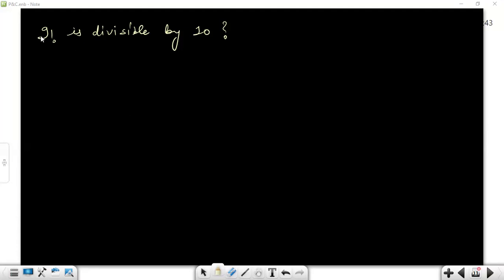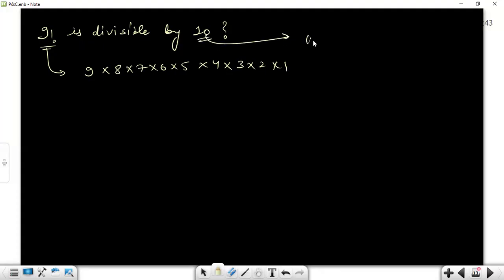Okay. So if we expand 9 factorial, that is 9 into 8 into 7 into 6 into 5 into 4 into 3 into 2 into 1. So basically, 10 is what? 10 can be written as 5 into 2. So wherever there are factors 5 and 2, that particular number is definitely divisible by 10.